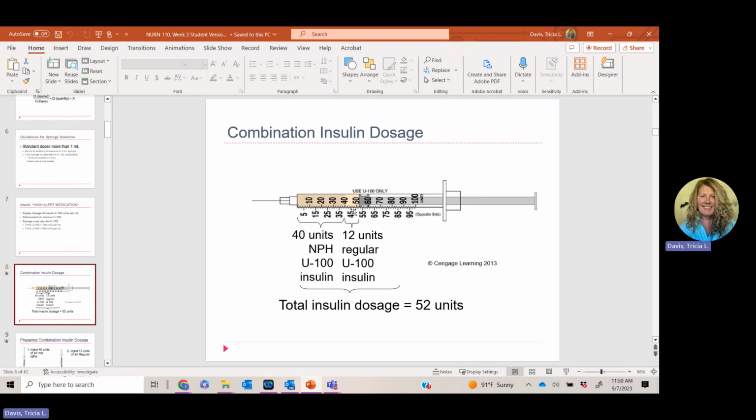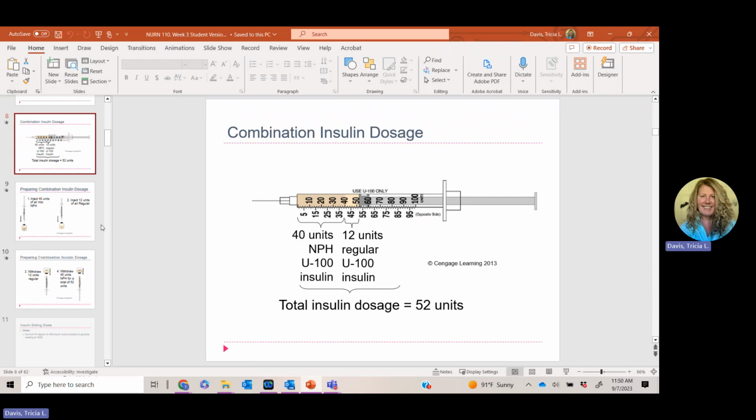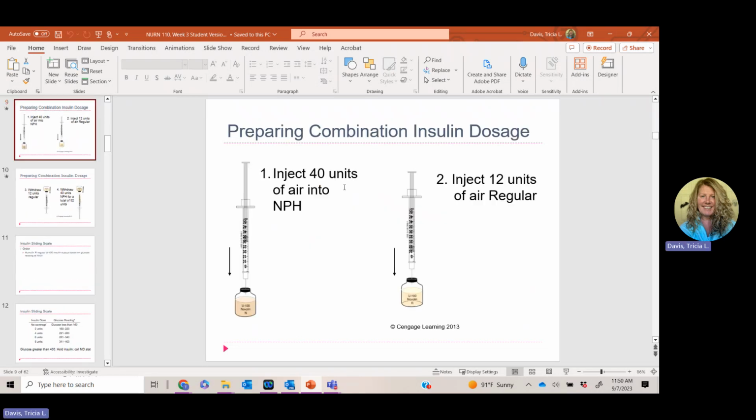We can combine insulins in a syringe, but we have to be very particular how we draw them up. So let's talk about that. Whenever we pull anything out of a multi-use vial or even a single-use vial, however much we're pulling out, say we know we're going to administer 10 ml of a medication, we would want to pull back on our empty syringe to that exact same spot on the syringe, 10 mL, and then we put our needle inside the top of the bottle like you see here, and we inject air.